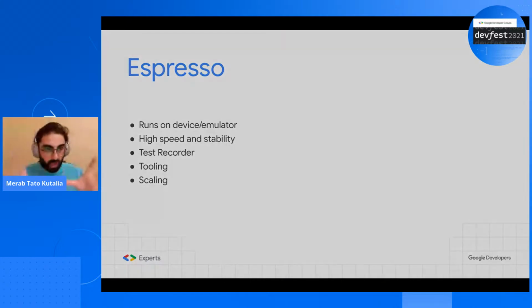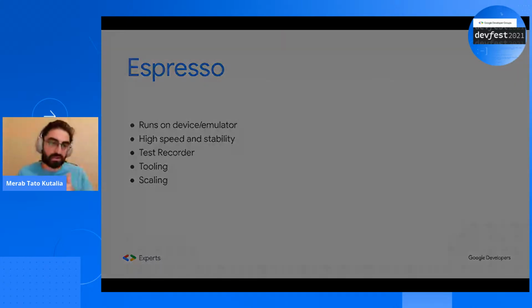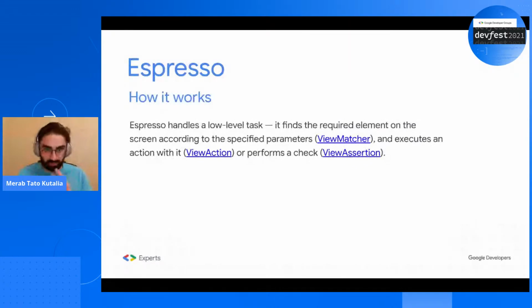So how does Espresso work? Espresso handles low-level tasks, and we have three major components, which are at the core of Espresso. The first one is the view matcher, and the sole purpose of this view matcher is to find the required element on the screen.